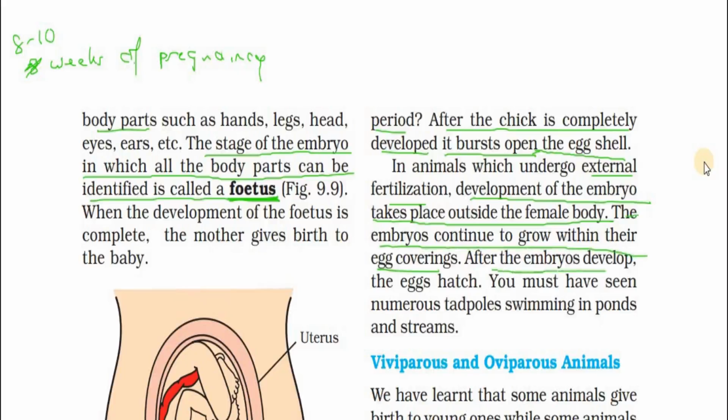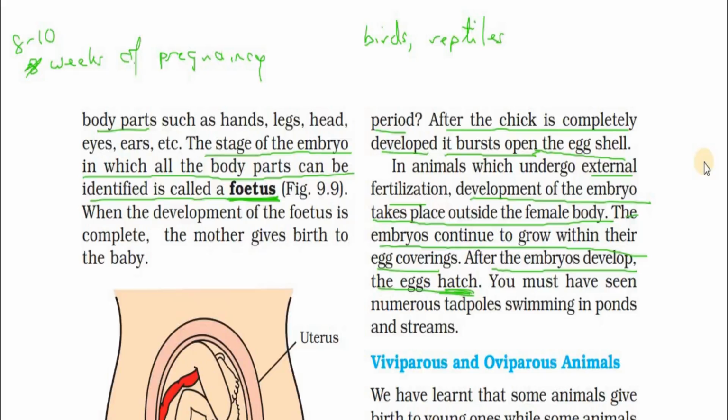After the embryos develop, the eggs hatch. Hatch means the chick comes out. This is seen in birds, reptiles also. All the reptiles, snakes, name any reptile you know, right till the dinosaurs, they all hatch in this similar manner.